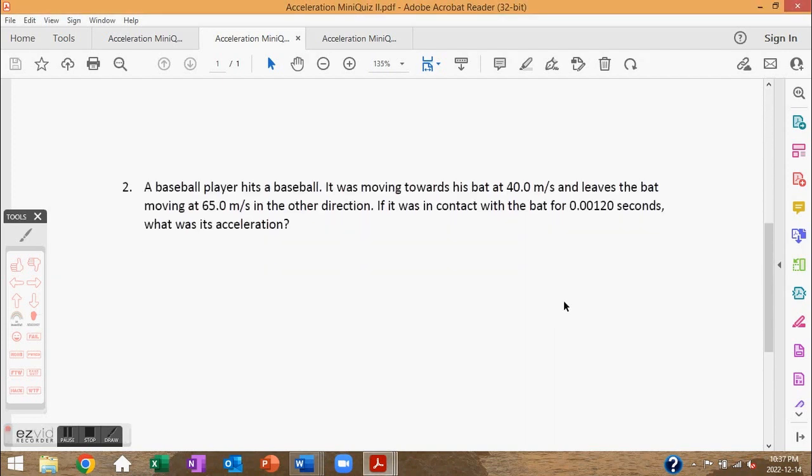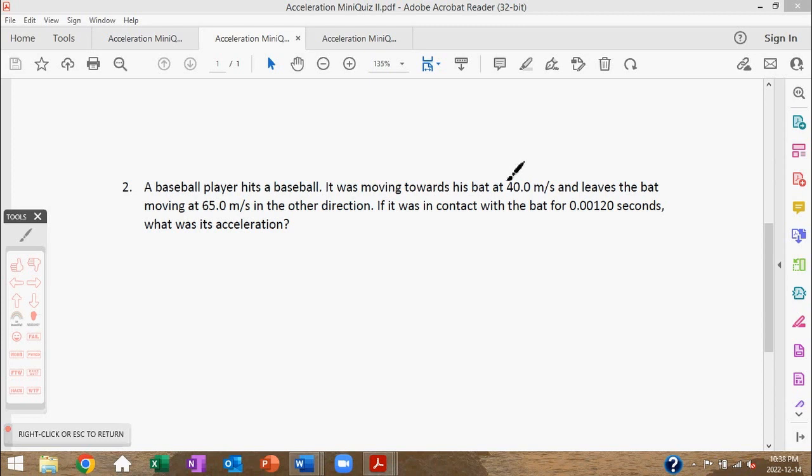A baseball player. It's a baseball. It was moving toward his bat at 40 meters per second and leaves the bat moving at 65 meters per second in the other direction. All right, so here we have to be a little bit careful. This is going to be some vector stuff.